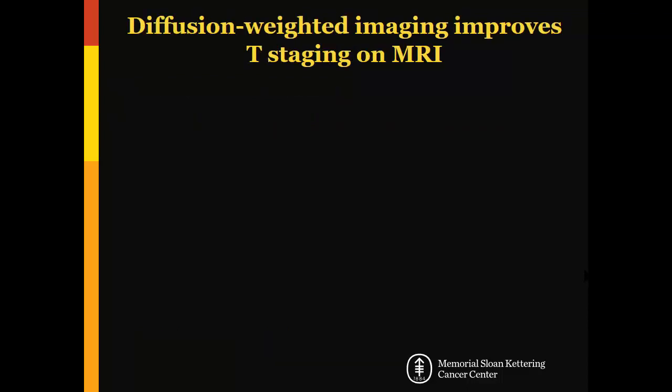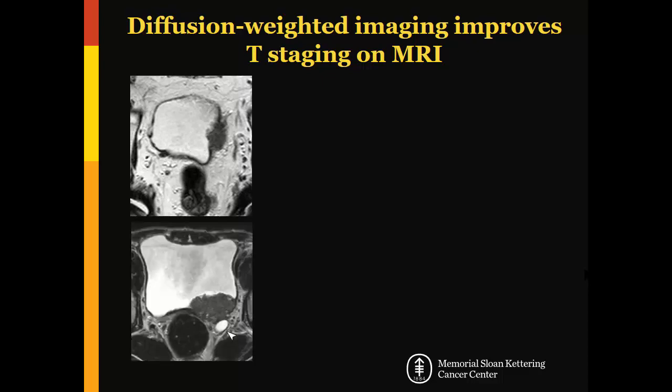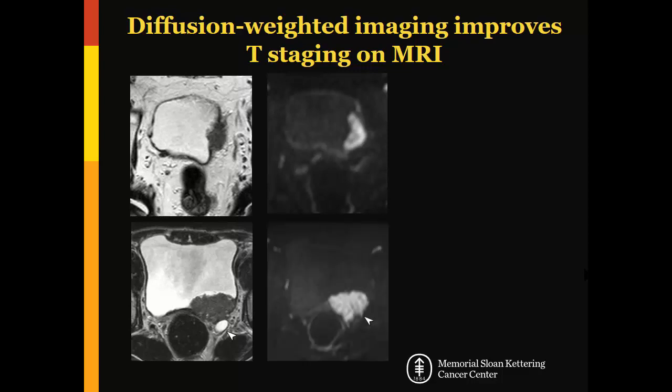So by now, there's clear data, a lot of data in the literature, showing that diffusion-weighted imaging improves our accuracy for T staging on MR. This is just an example from one of the early papers.